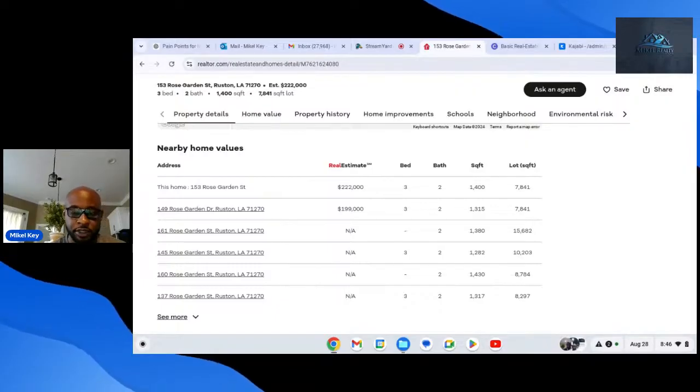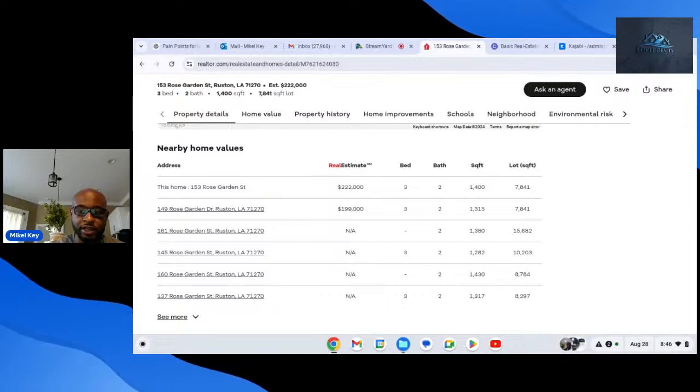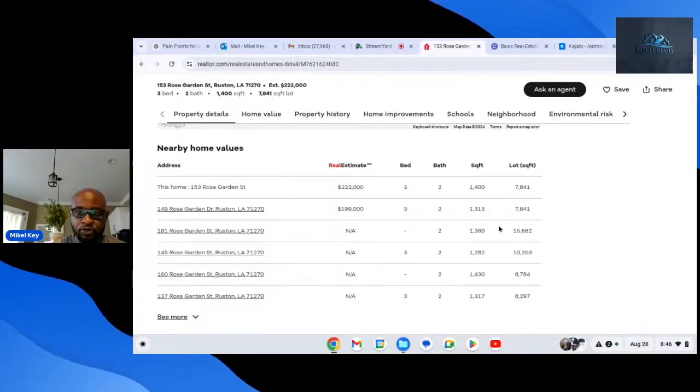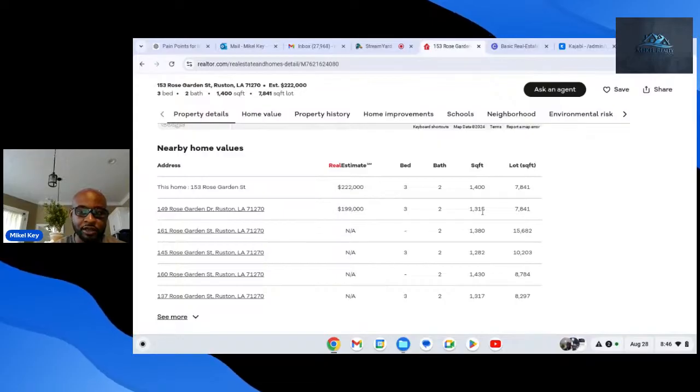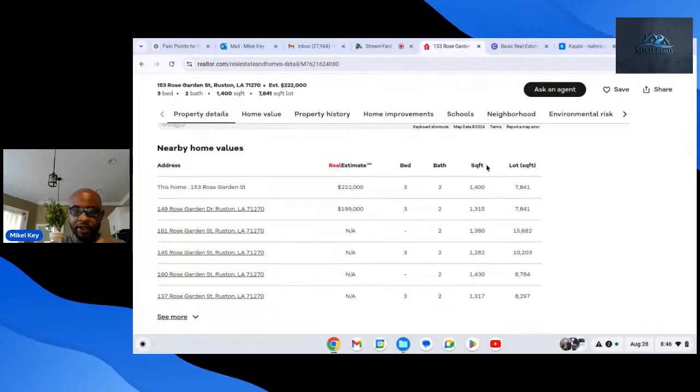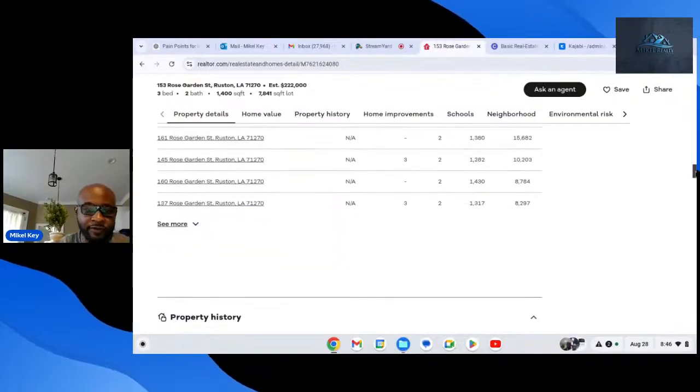I want you to understand how I came up with that: I took $199,000 and divided it by the square footage, and that gave me $151 a foot. If this was your area where you were trying to calculate ARV, you would take that $151 a foot and multiply it by your square footage, and whatever value that gives you would be very close to your after repair value.